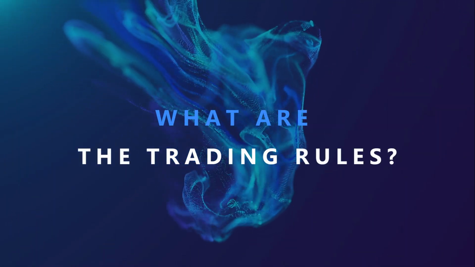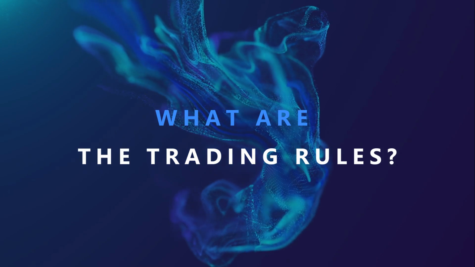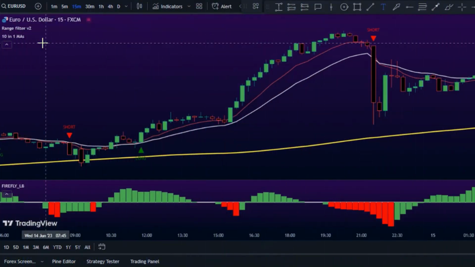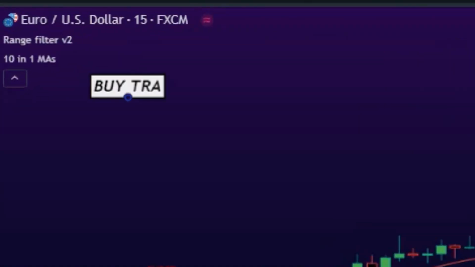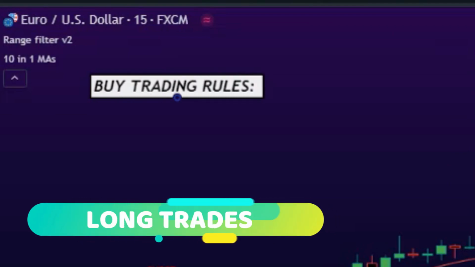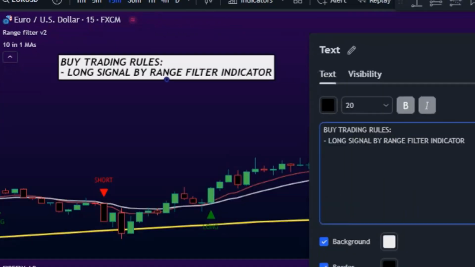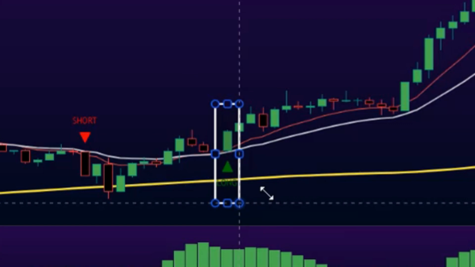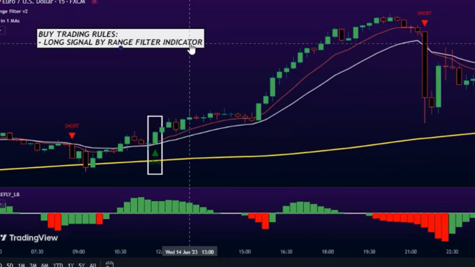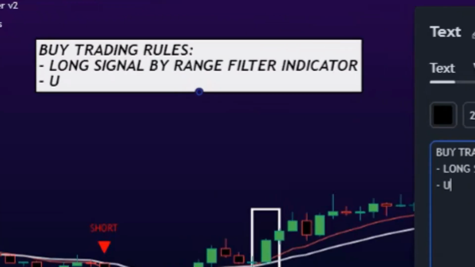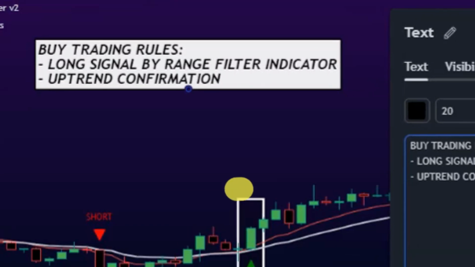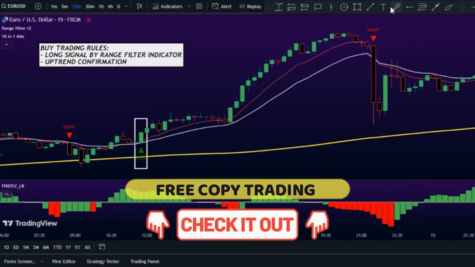Alright, here's how we're gonna set ourselves up for success on the long side. First, we need the Range Filter V2 indicator to give us a buy signal. Then we need that signal confirmed by the 10 and 20 EMA trading above the 200 SMA, showing an uptrend.